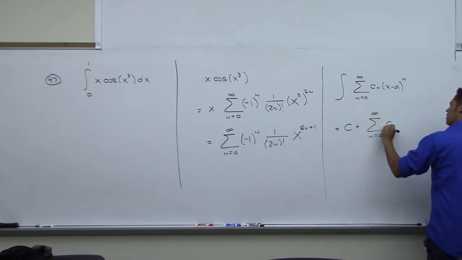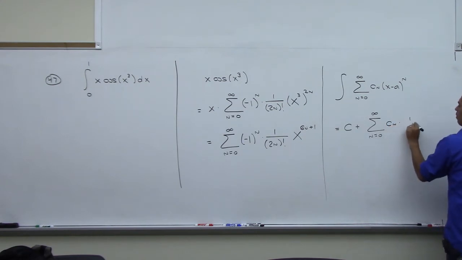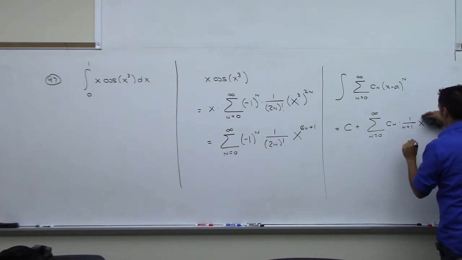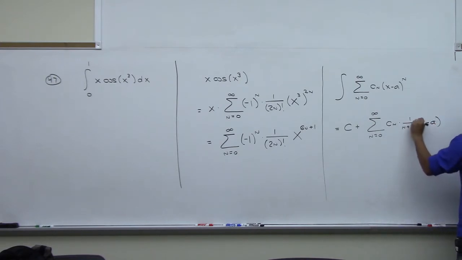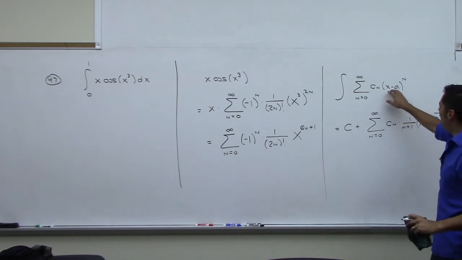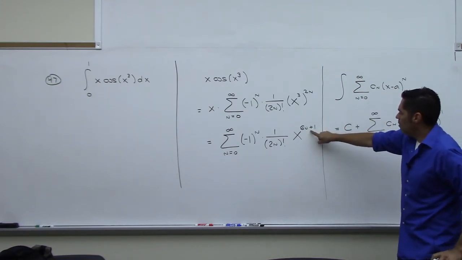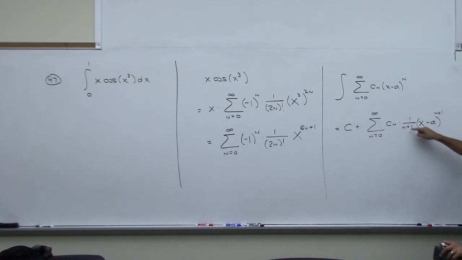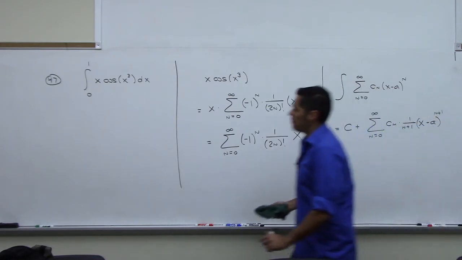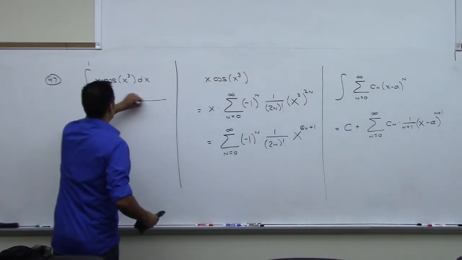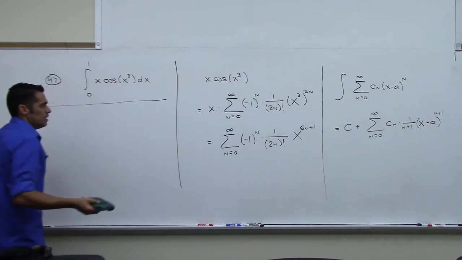The constant will stay, but then I multiply by 1 over n plus 1 times x minus a to the n plus 1. So what I'm going to basically do is take my x term here and add 1 to the power, but then I need to divide through by whatever that power is. So let me go ahead and do that now. I'm just finding the general antiderivative right now.